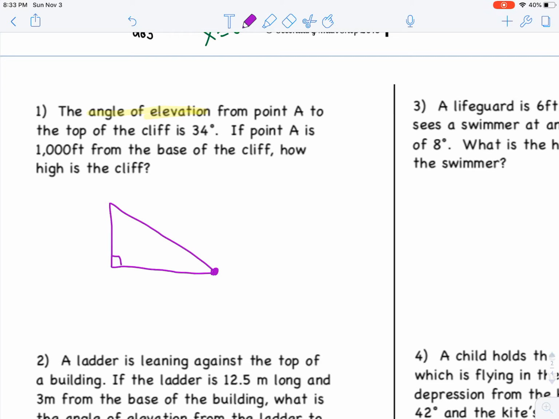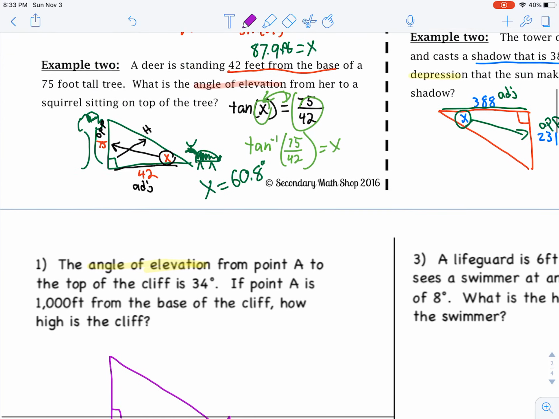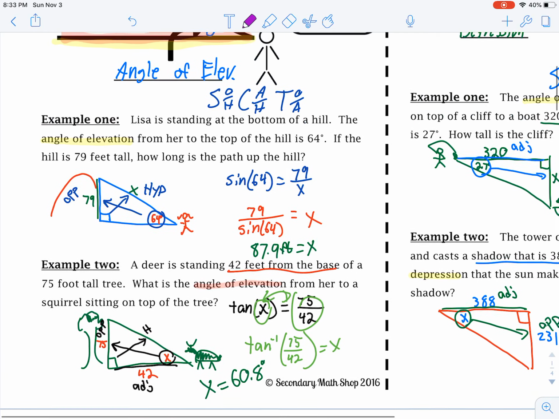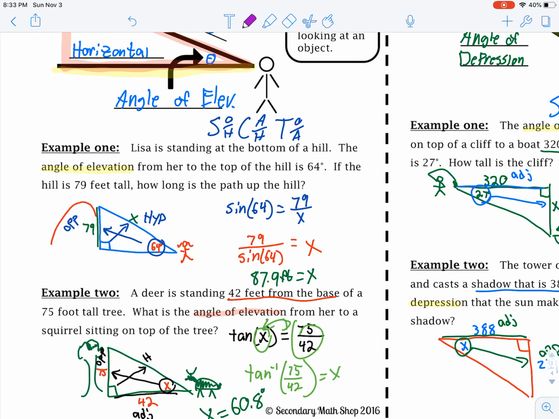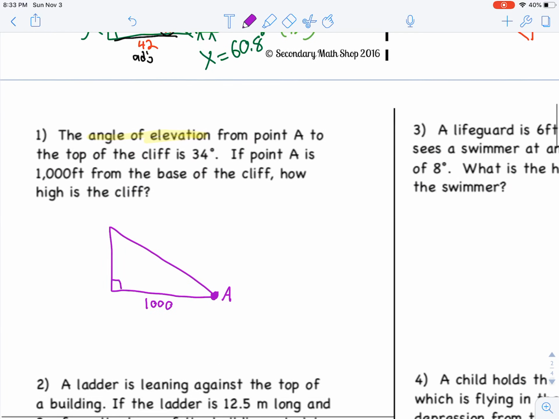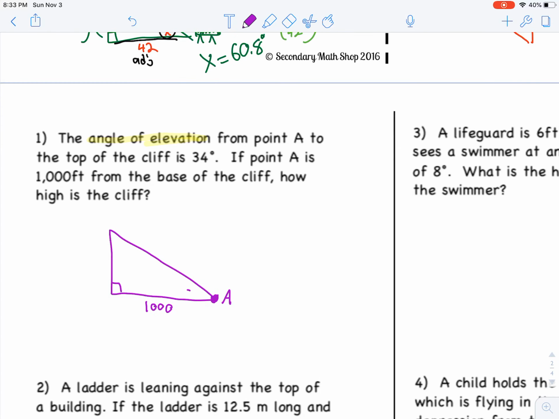So down here, I'm going to put point A. All right, and from the base of the cliff, that's how far away he is, side to side. All right, that's 1,000. Okay, well, where did we always draw our angle for angle of elevation? In the bottom right-hand corner. Okay, so we're going to put our angle there, so that's 34 degrees.